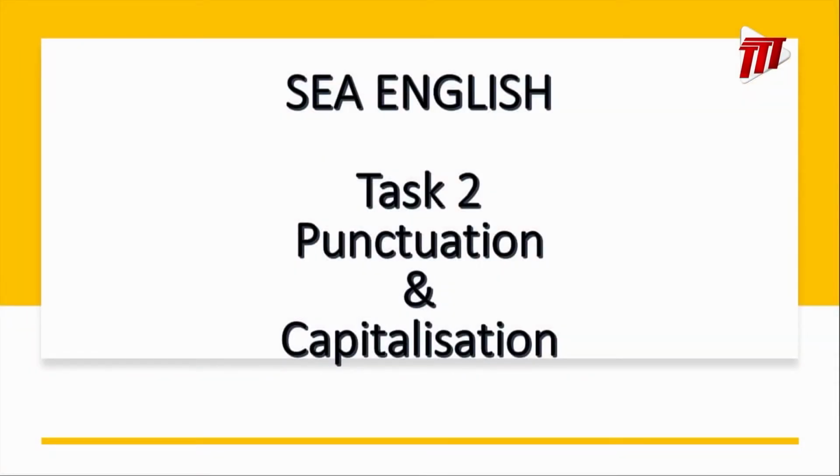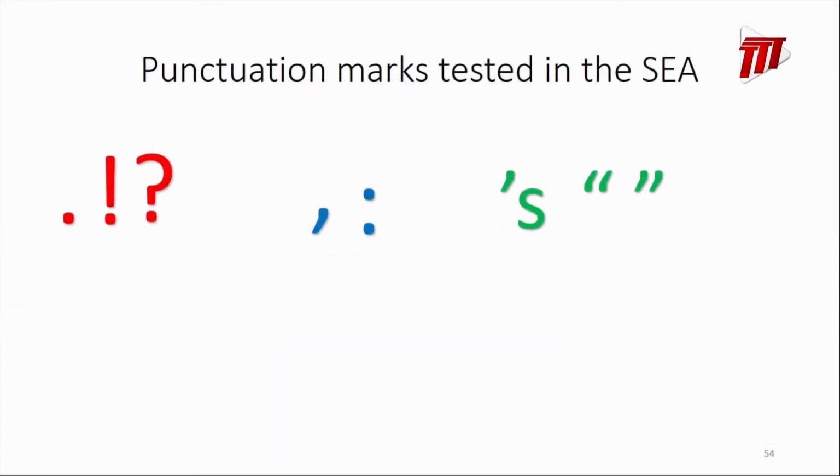So we are moving on to task 2 in our section 1 of our English Language Arts paper, which deals with punctuation and capitalization. First, let's look at the marks that are actually tested.